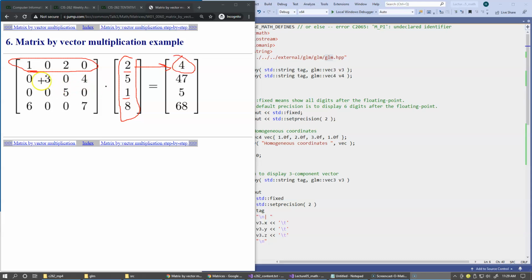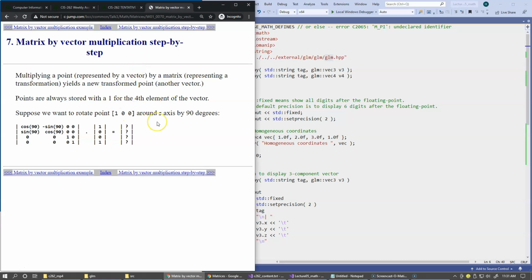Same thing applies to the next column: 0 times 2, 3 times 5, 0 times 1, and 4 times 8. Summed together it becomes 47, and then each row of the matrix results in a similar multiplication and addition, and we get our resulting components.